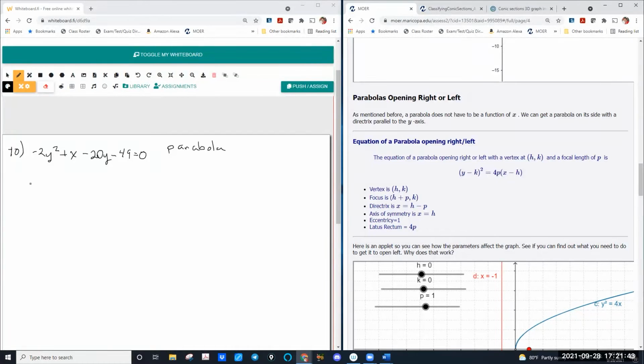So we're going to leave the y terms on one side: -2y squared - 20y. And then I'm going to move everything else over to the other side, because I'm going to do completing the square on this. Equals -x + 49.